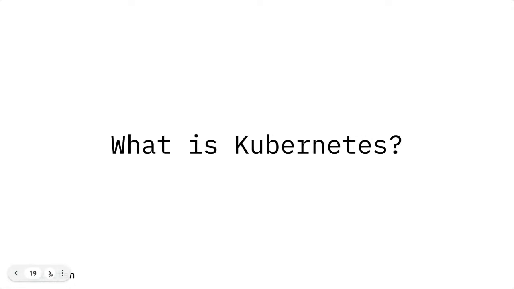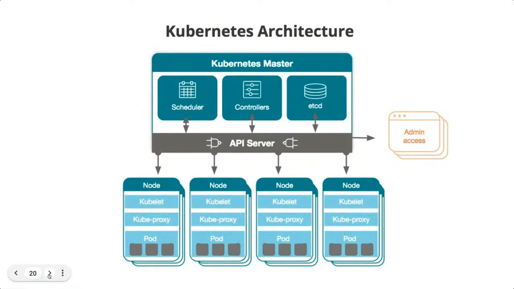So it groups containers that make up an application into smaller pieces to make it easier to manage and scale. As you can see here, we have our scheduler, controllers, our API server, and our nodes. And our nodes contain pods.